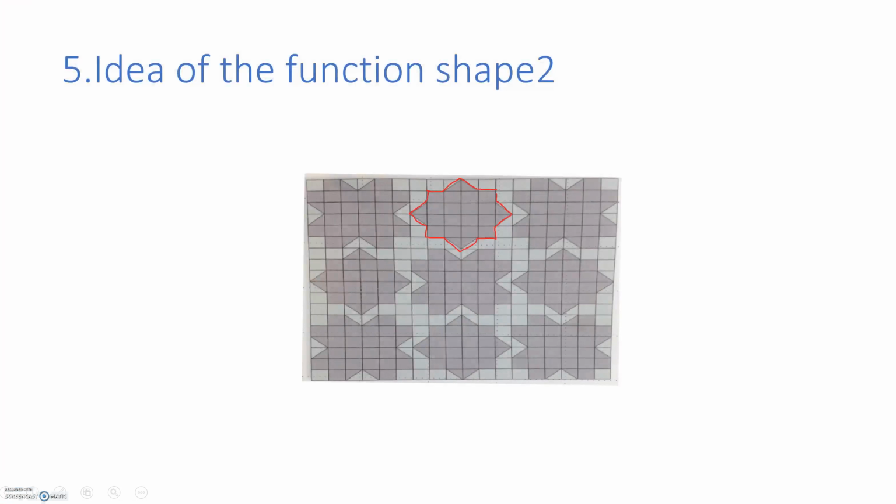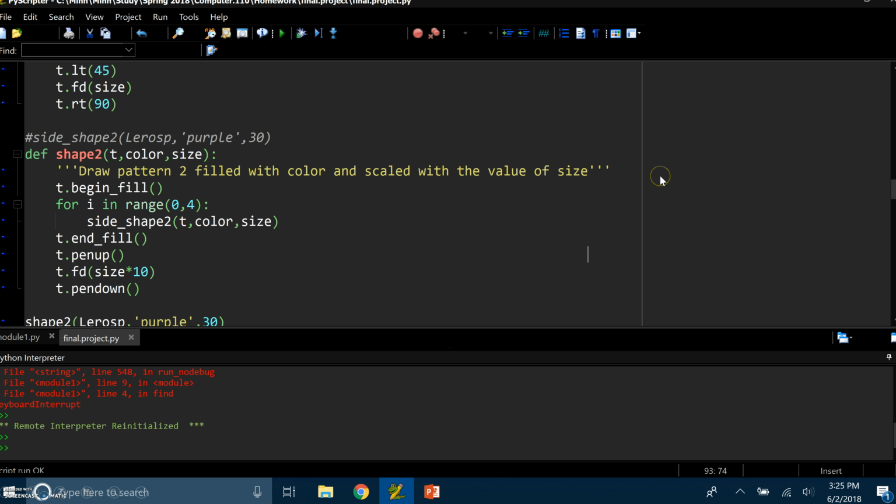So for the next function, shape2, I want the turtle to go around this pattern. So I use the for statement to loop this SideShape2 function 4 times, and also I fill the shape with the given color.